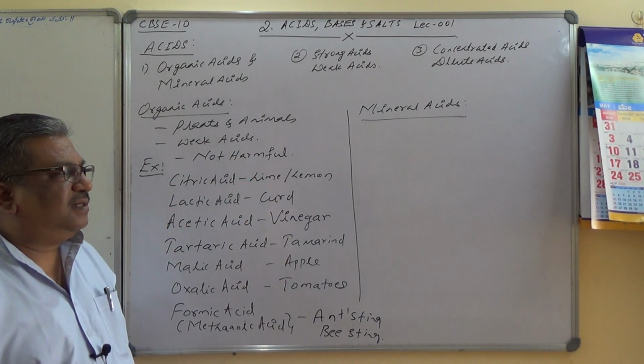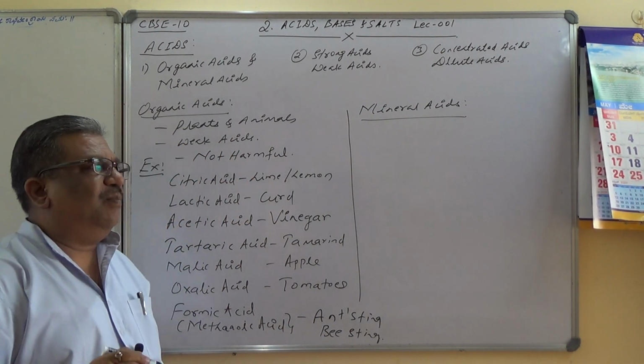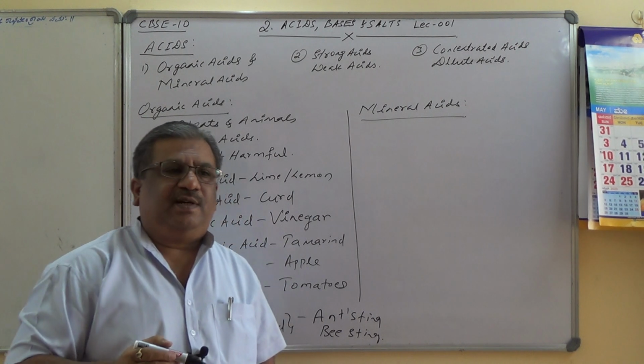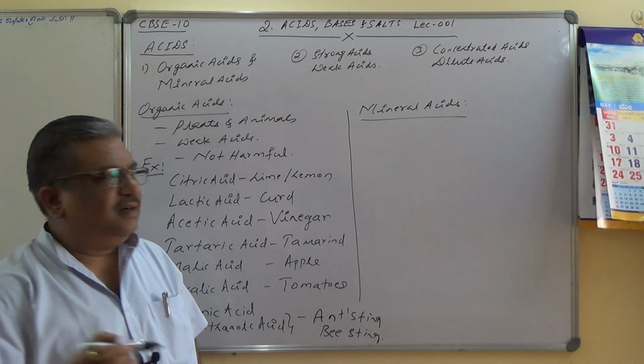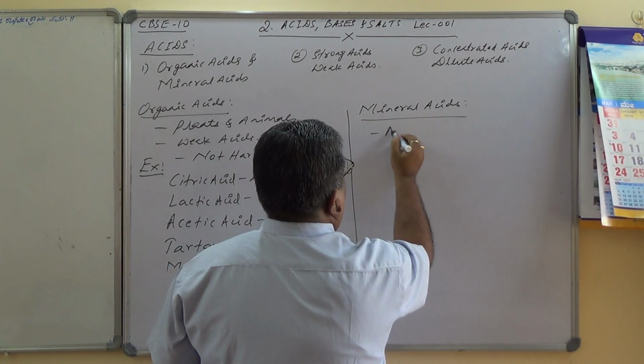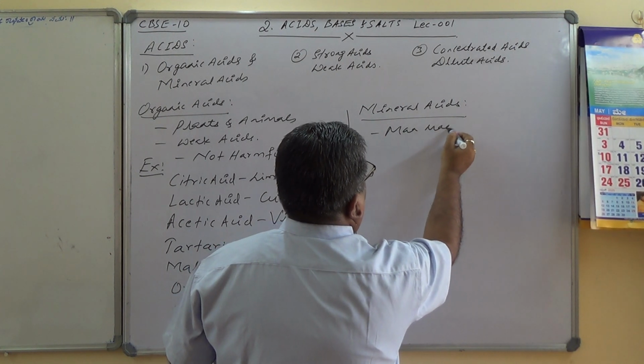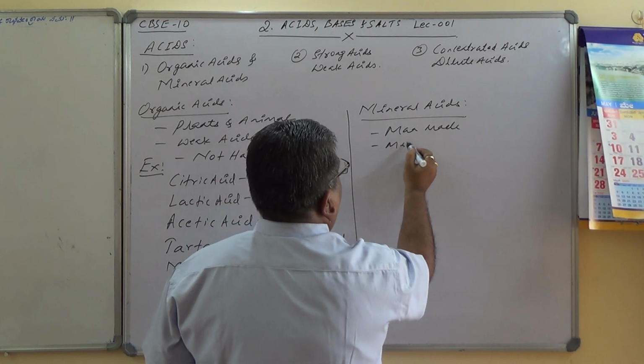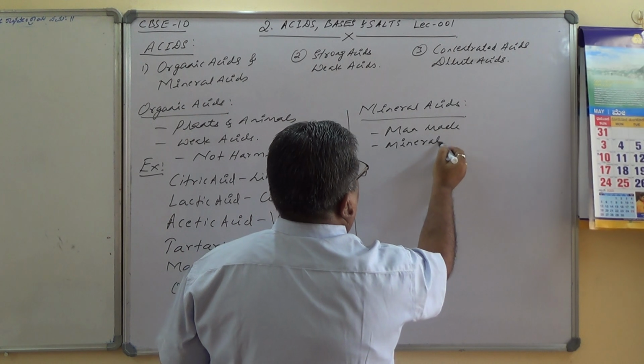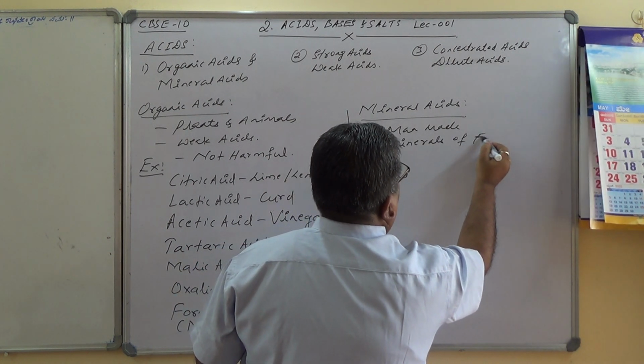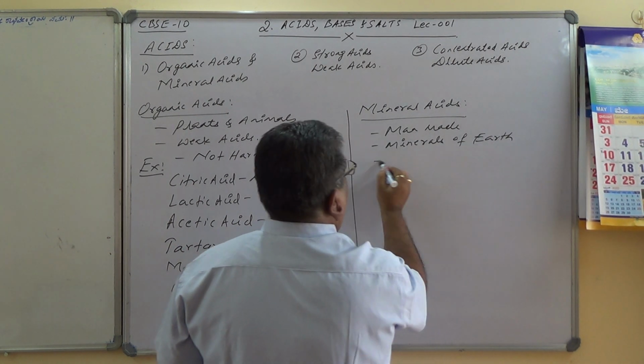Mineral acids, as the name suggests, are man-made acids manufactured from minerals present in the earth. So these are man-made, made from minerals of the earth, and generally very strong.